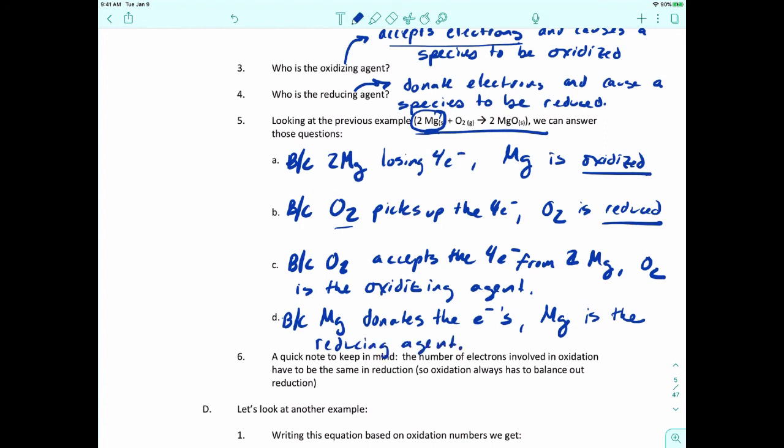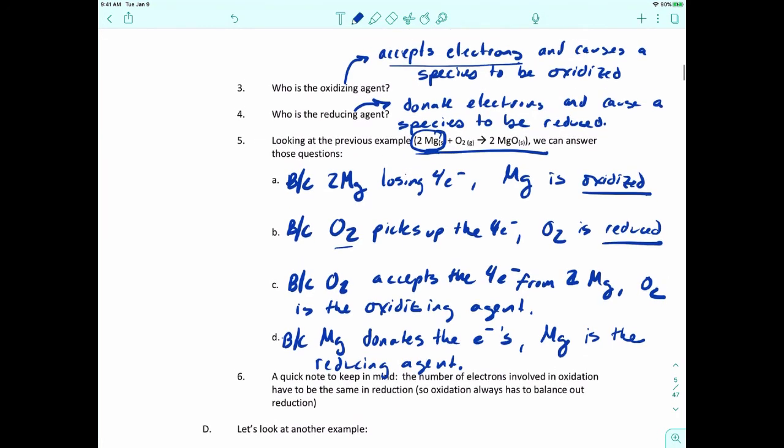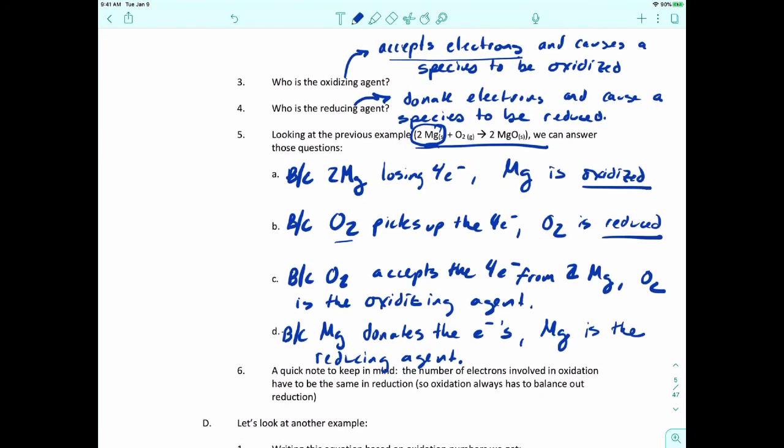Okay, now what's really nice about these reactions right now is that if you are being oxidized, you're going to be the reducing agent. And if you're being reduced, you're the oxidizing agent. So that's really nice right now.